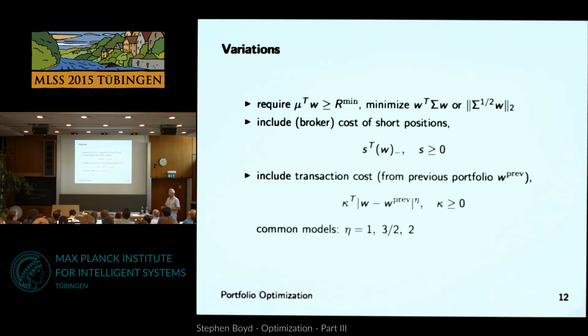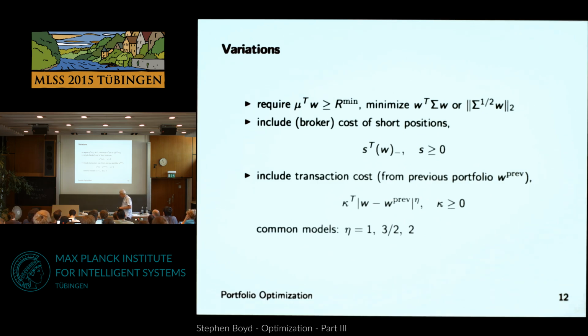There's a bunch of different ways that can happen, and it would be something like this. You'd look at the difference, you'd raise this to a power, and then you'd have some positive coefficients. Very common ones are a quadratic transaction cost model. They call this linear, even though it's really like a scaled L1. And then this is a very common one, believe it or not, just 3 halves. And it kind of makes sense. I should add, all convex. Okay, so these are transaction costs.